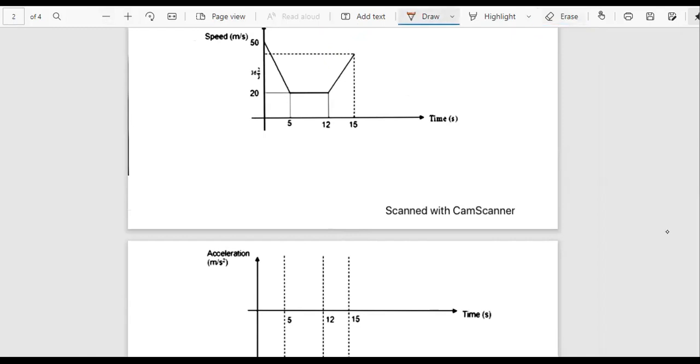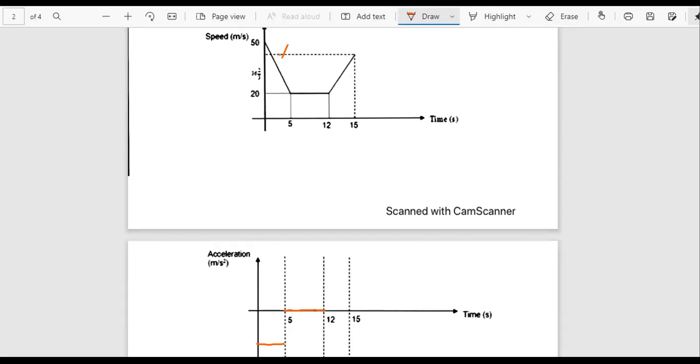Something of this type. And then between 5 and 12, it's a straight line at 0. Very good. And then it is a straight line between 12 and 15 at anywhere above 0. That is correct. Very good.